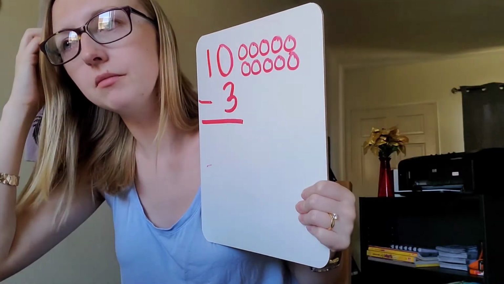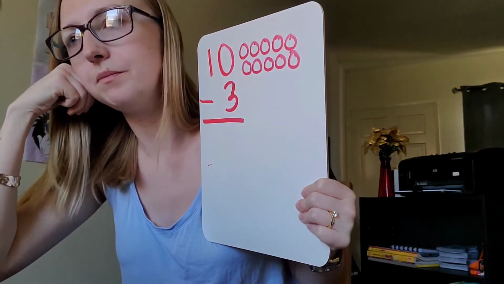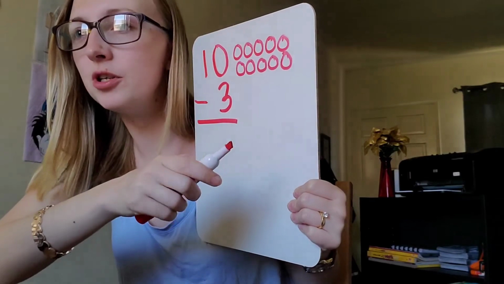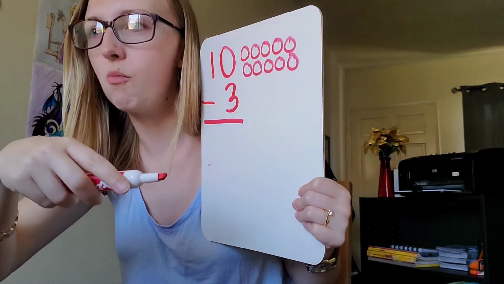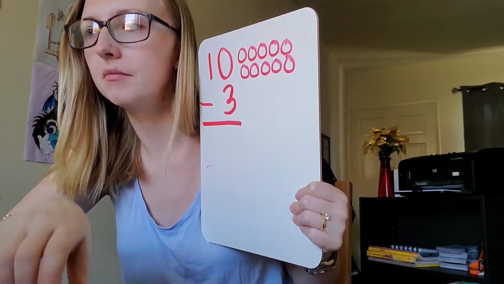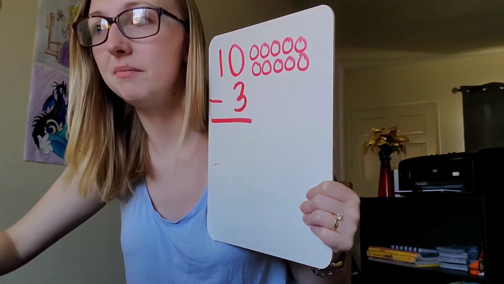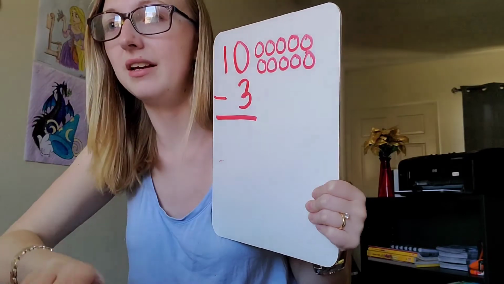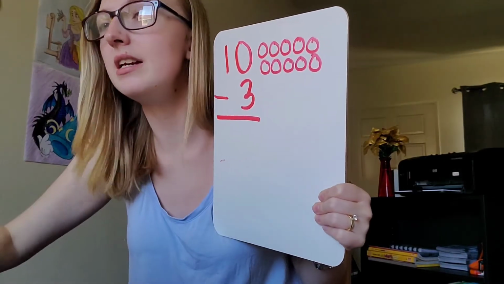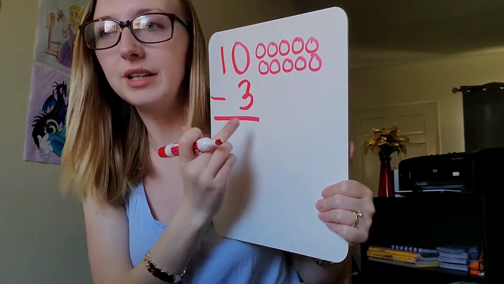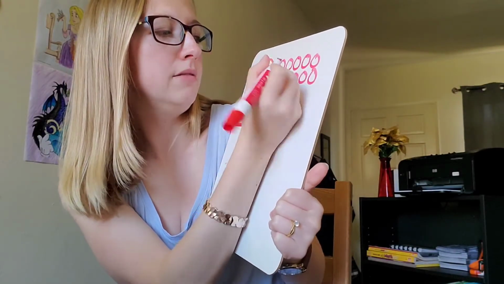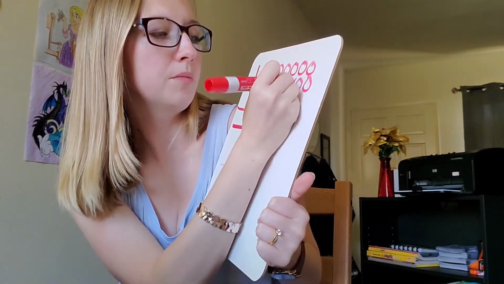Do I add 3 more dots or do I cross out 3 dots? I cross out 3 dots because it says take away 3. So I'm going to cross out 3 of them. 1, 2, 3.